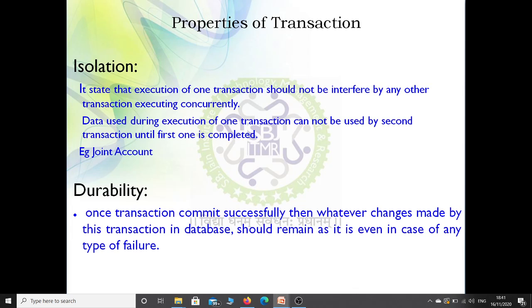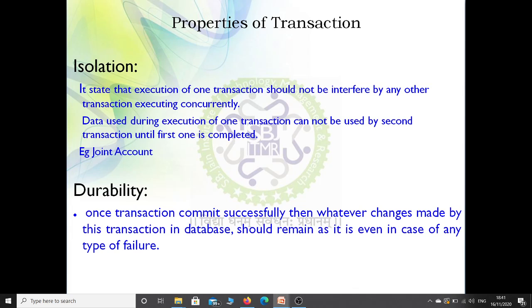So isolation means separation. Why is the isolation property required? The execution of one transaction should not interfere with another. Otherwise, suppose two persons want to change their clothes and they are sharing one room. Is that happening? No. In one room only one person will be there.